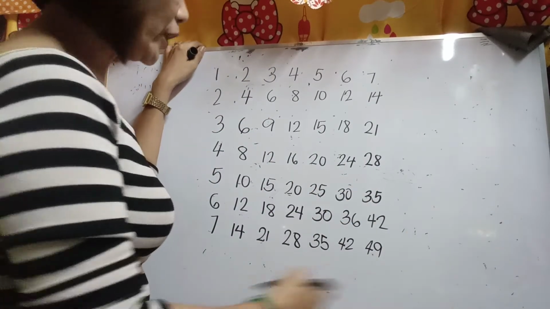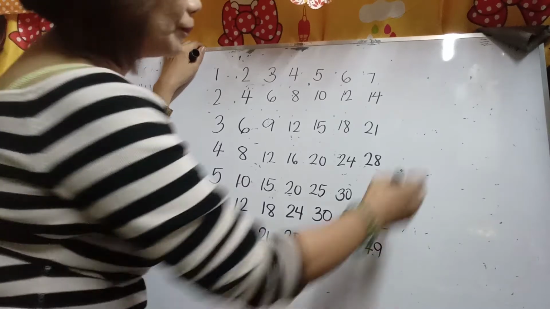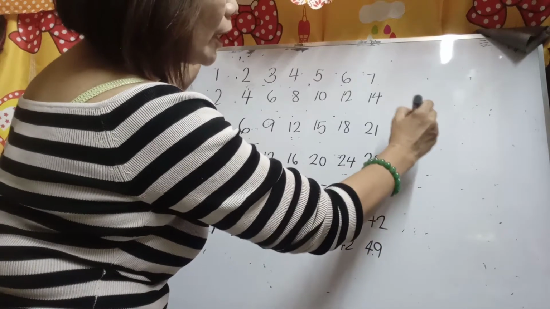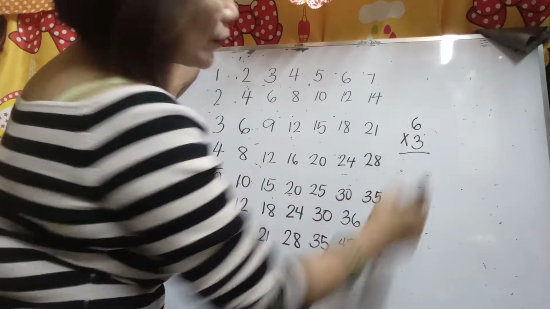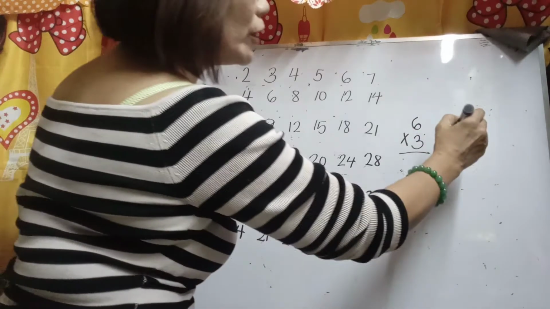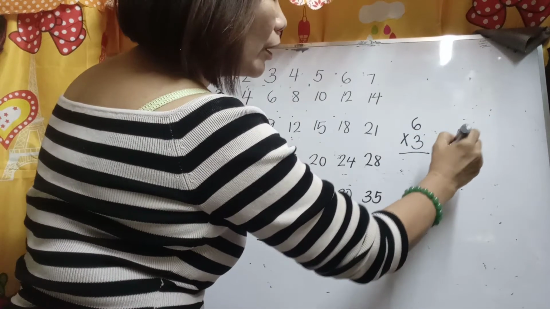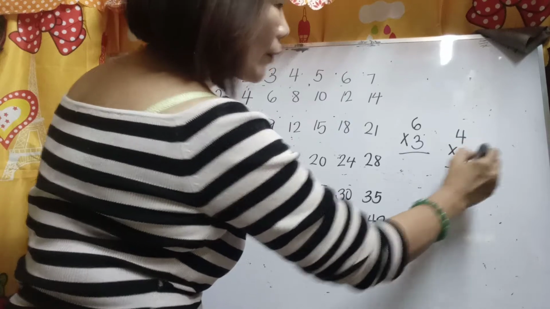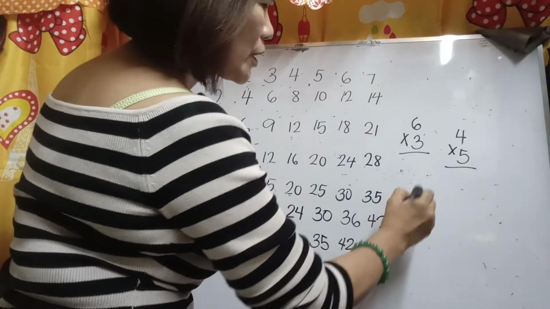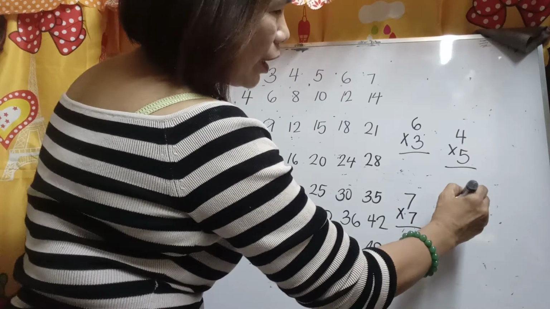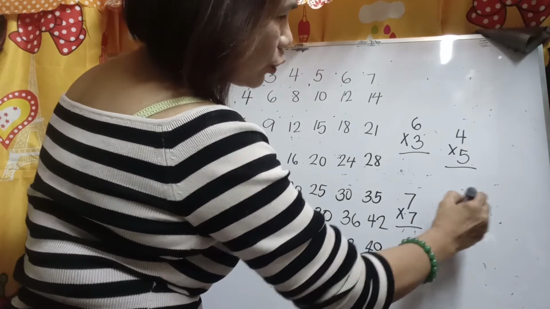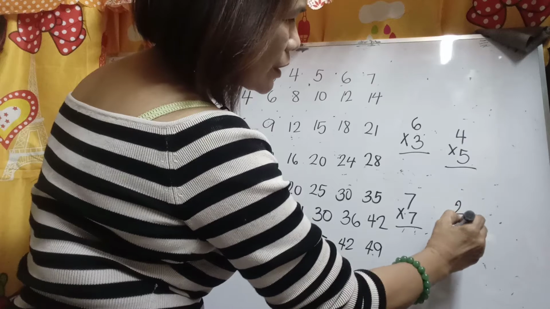Let's say, you were given the question. Meron doon, halimbawa, nakalagay na 6 times 3. Or, let's say, meron kayo dyan nakalagay na 4 times 5. Or, another number would be 7 times 7. Or, let's make 2 times 6.